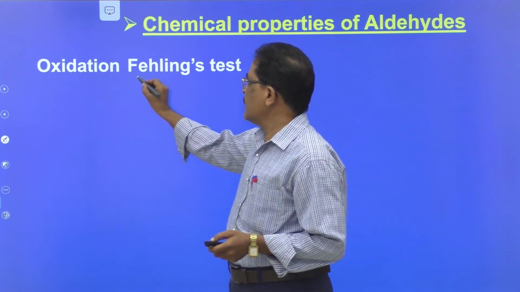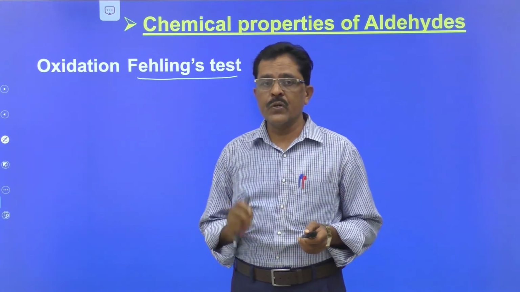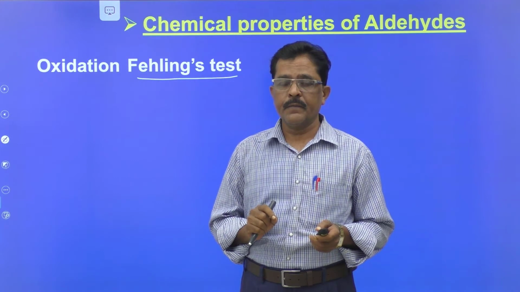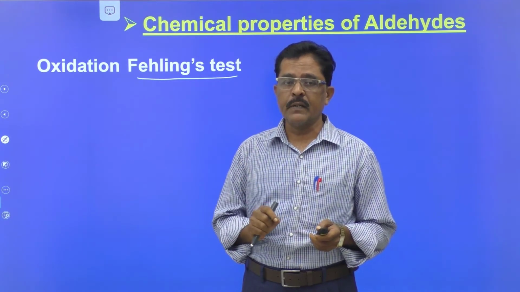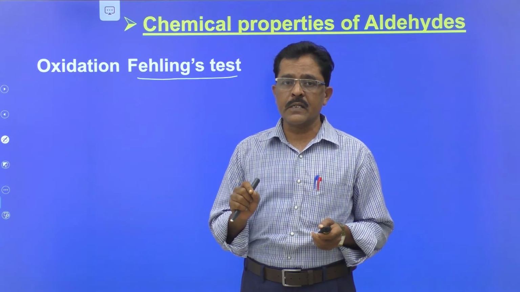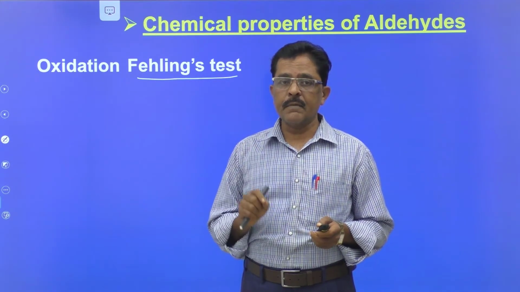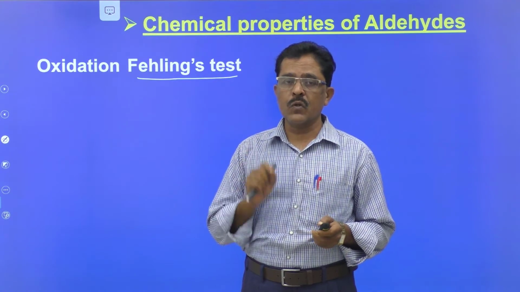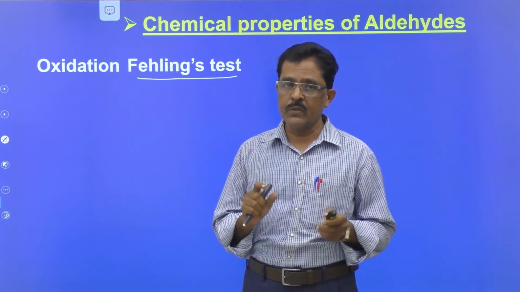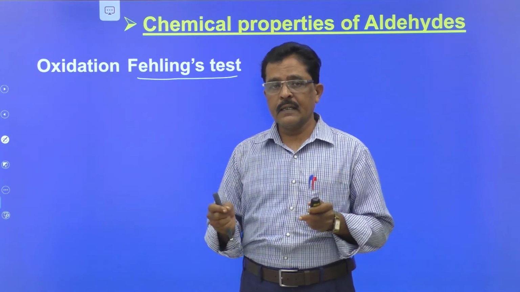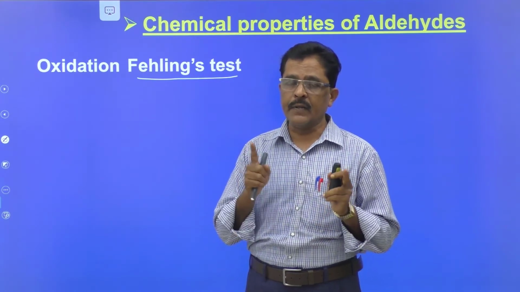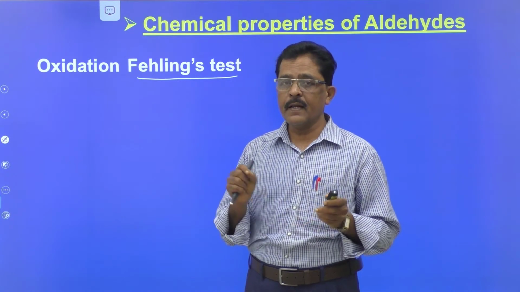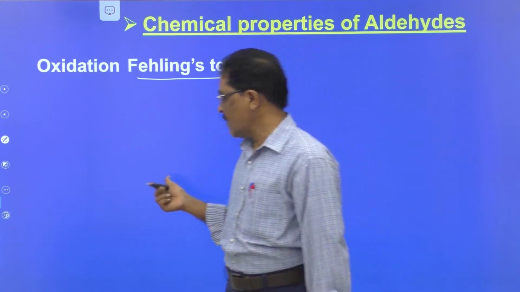Fehling's reagent has two solutions, Fehling solution A and Fehling solution B. Fehling solution A is aqueous copper sulfate. Fehling solution B is sodium potassium tartrate, Rochelle salt. Before reacting with the aldehyde, Fehling solution A and B are mixed in equal amounts. Then this mixture is treated with the aldehyde.